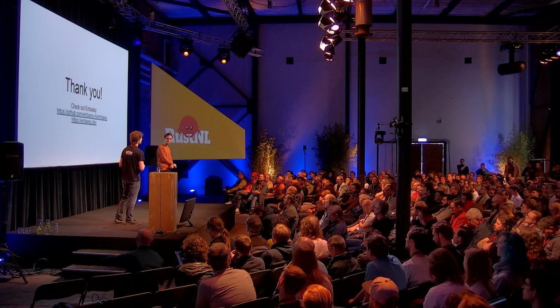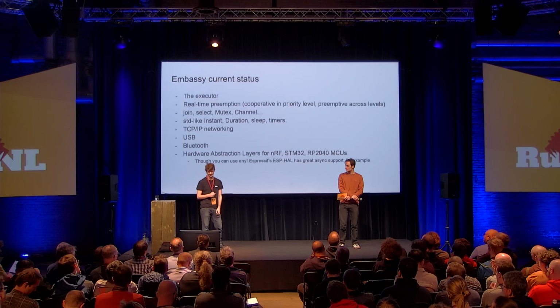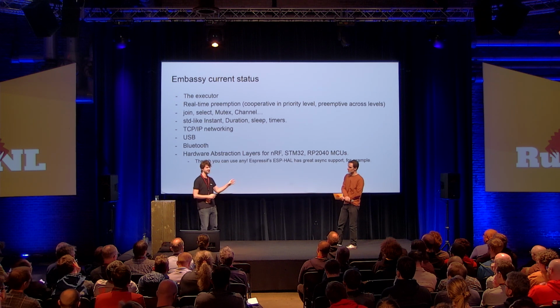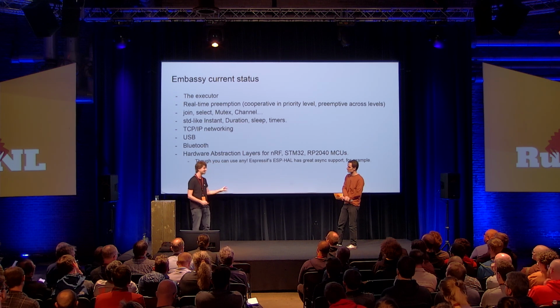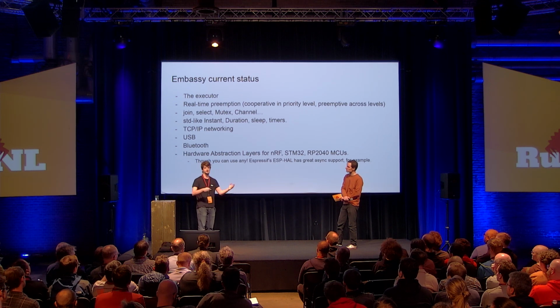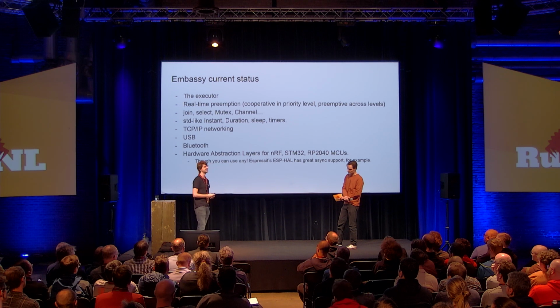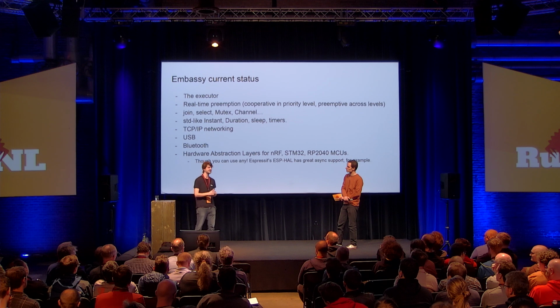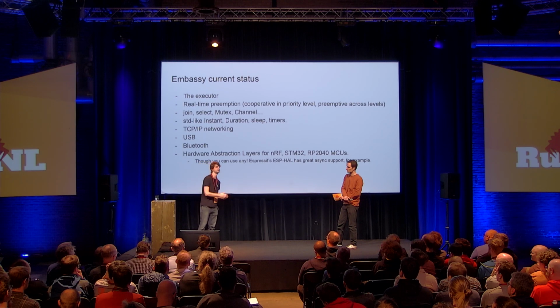Most of the work in Embassy has been the hardware abstraction layers, because hardware vendors sometimes do really crazy things. Sometimes you can tell they designed a peripheral to be used only by blocking, and then they bolted interrupts on top, but the interrupt flags work in weird ways, or they magically clear if you do some read, or they even expect you to only do I/O in the interrupt, which is not the case here, because you use the interrupt just for waking, and then the I/O is done from the task.